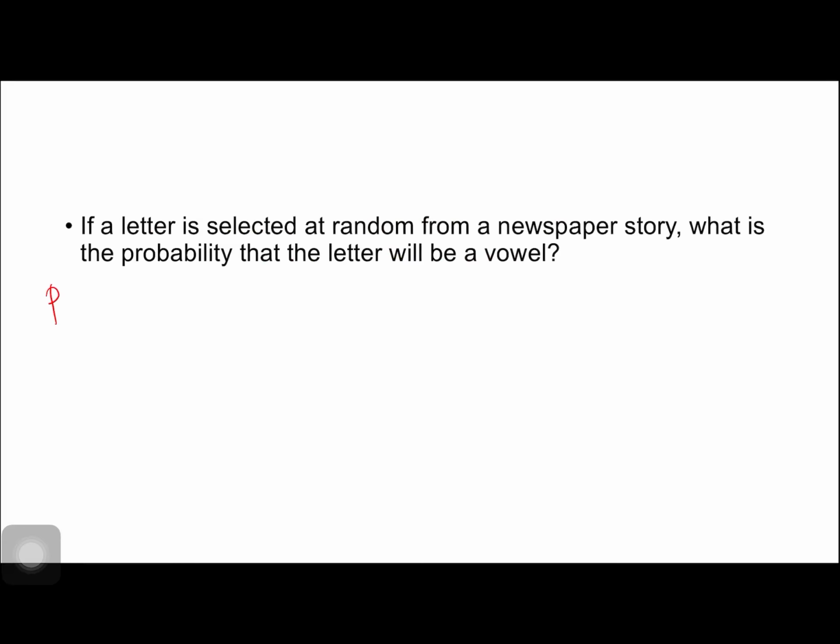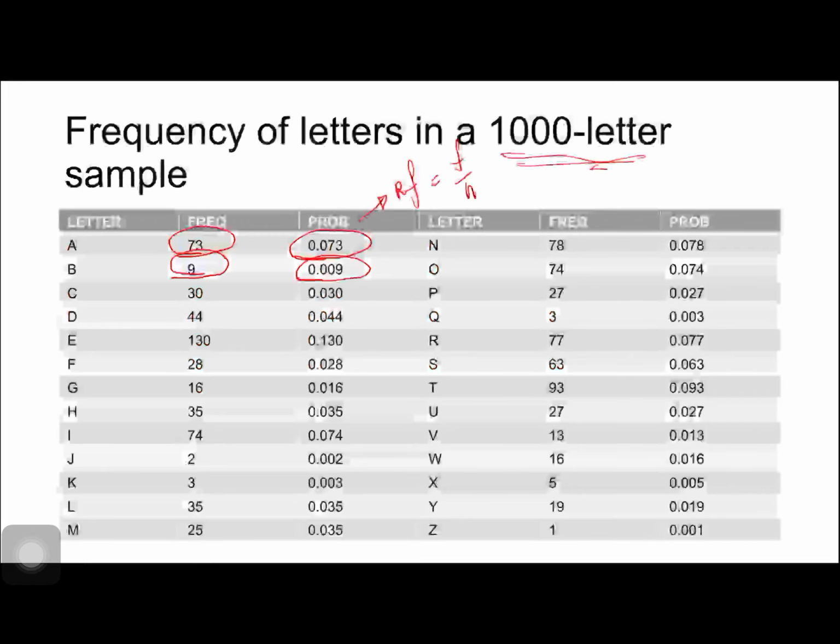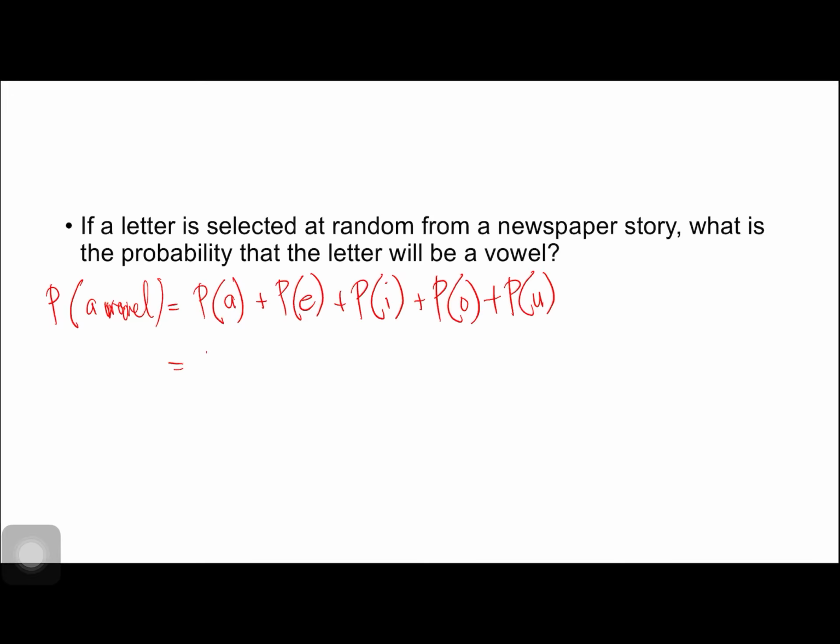So, we have there the probability that the letter selected at random will be a vowel is equal to the probability of A plus the probability of E plus the probability of I plus the probability of O plus the probability of U. Okay, so for the probability of A, we have 0.073.